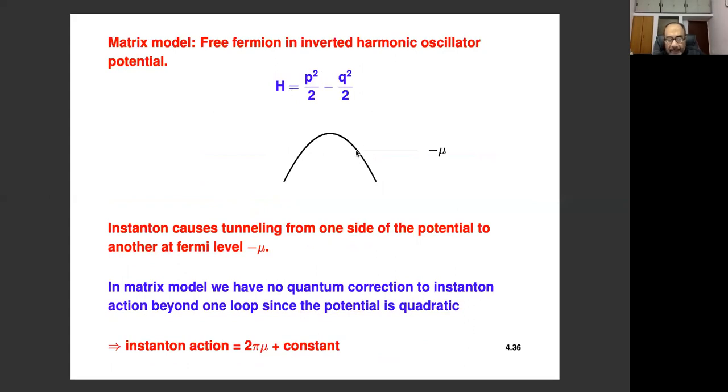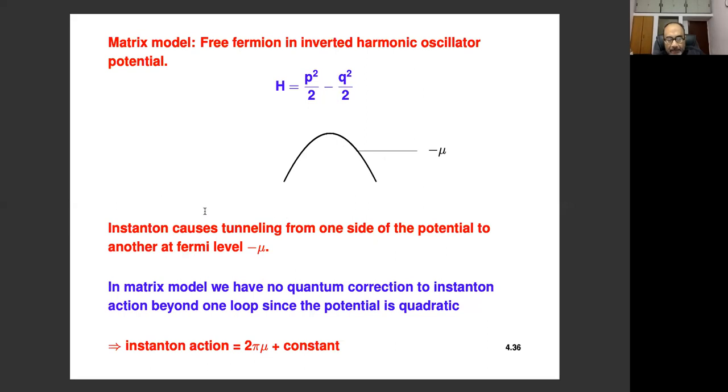The vacuum that describes this bosonic string theory is where the Fermi level is filled up to a given value, which I'll denote by minus mu, measuring energy equal to 0 at this point. And the instantons describe tunneling from one side to the other side at the Fermi level.